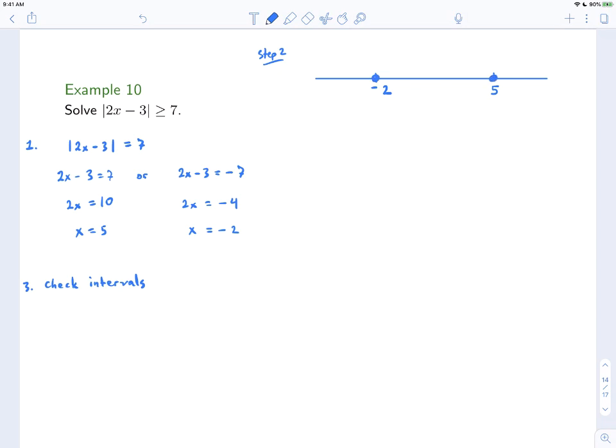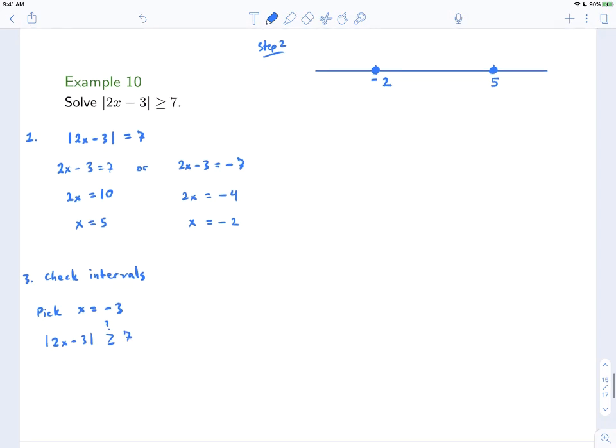Okay, so now we want to just check the interval. So check something to the left of negative 2. So pick x equals negative 3, just as an example. So now we plug that into 2x minus 3, and the question is, is this going to be greater than or equal to 7? So the absolute value of 2 times negative 3 minus 3.